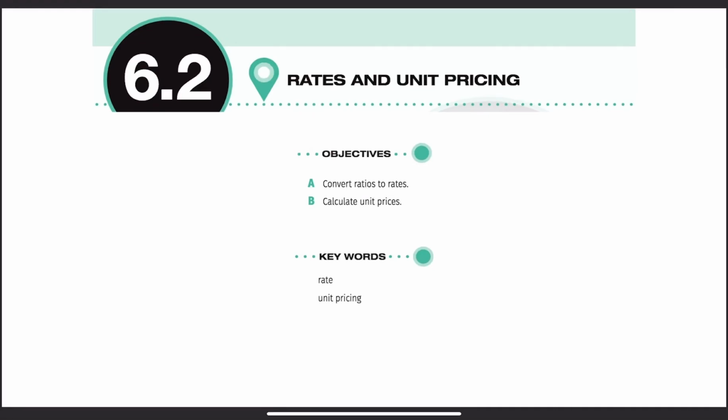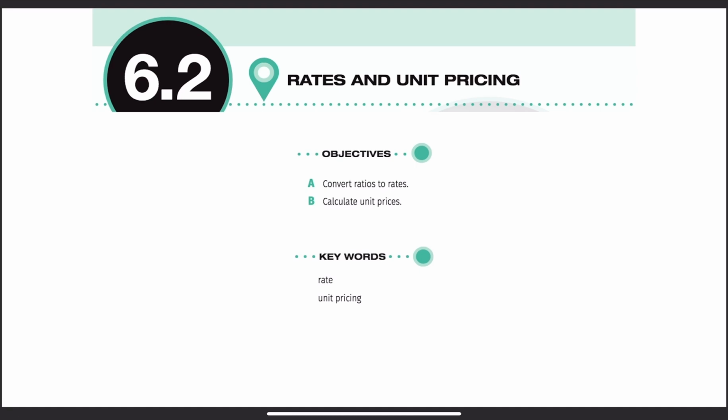Welcome to 6.2, where we're going to talk about rates and unit pricing. The big question, basically, what is a rate? Well, a rate is when we take a ratio and we do the division completely such that we have a single number instead of a fraction. We have a single value.